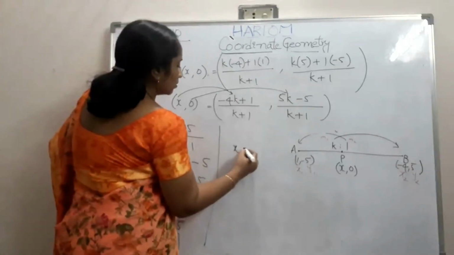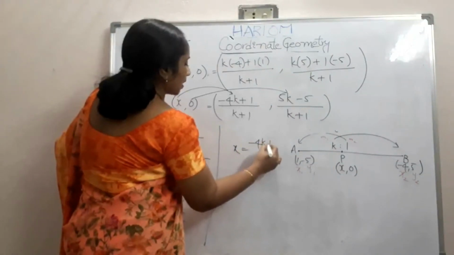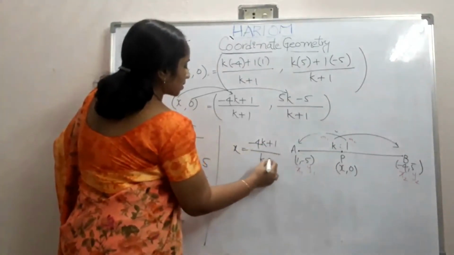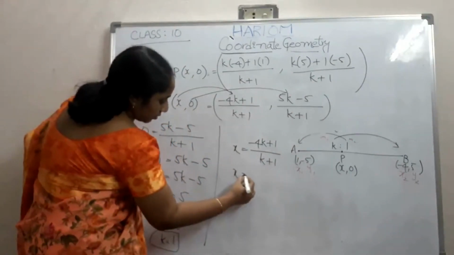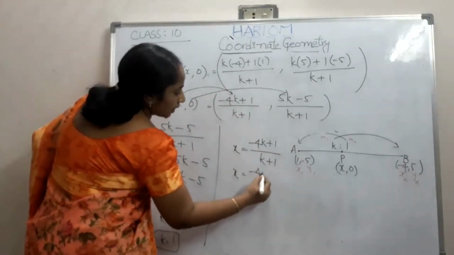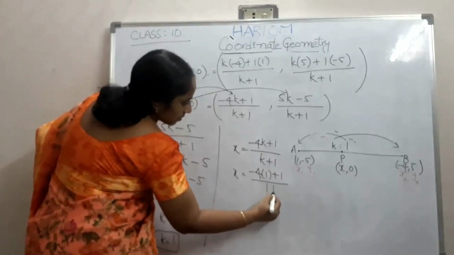So, by substituting the k value here, x is equal to minus 4k plus 1 by k plus 1. So, x is equal to minus 4 into 1 plus 1 by 1 plus 1.